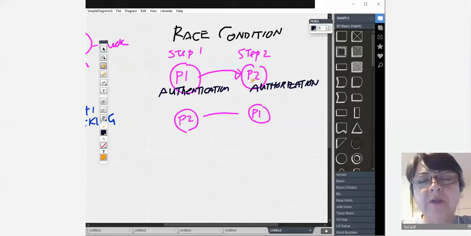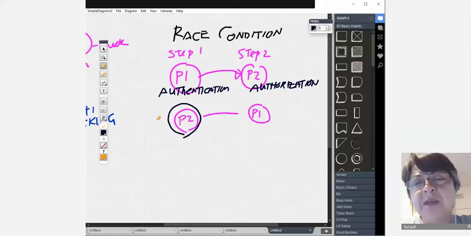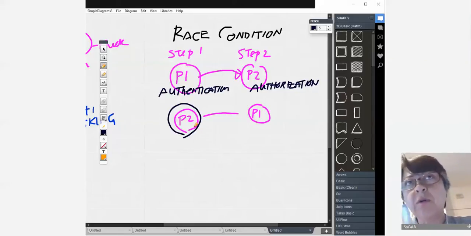So what if you can actually run P2 first? What that means then is that a person can access something without being authenticated. Okay, so that one is a race condition. So you're changing the order of how the process runs. Okay, so that one is easier for me to identify.